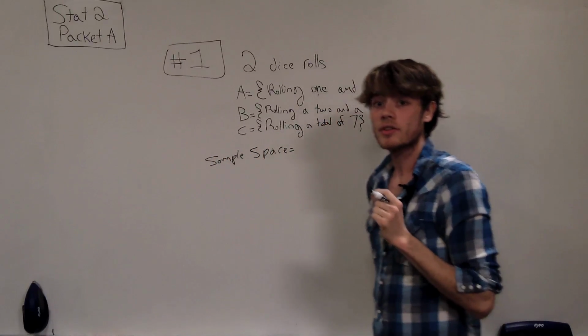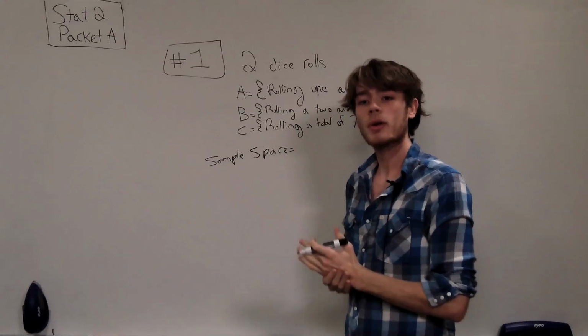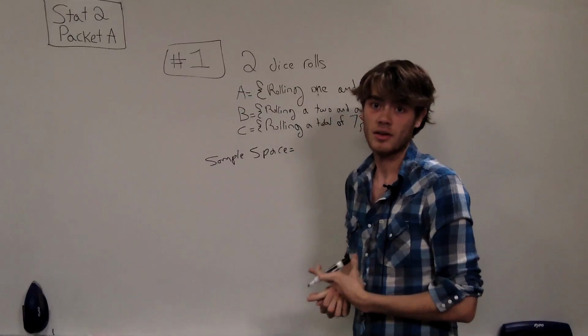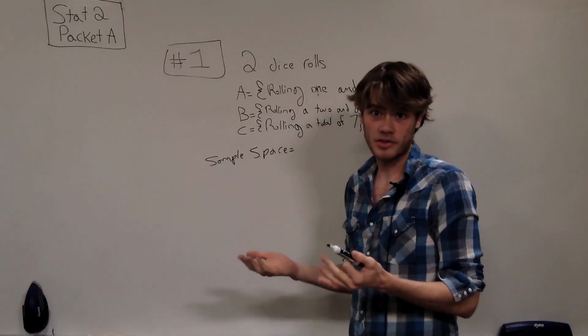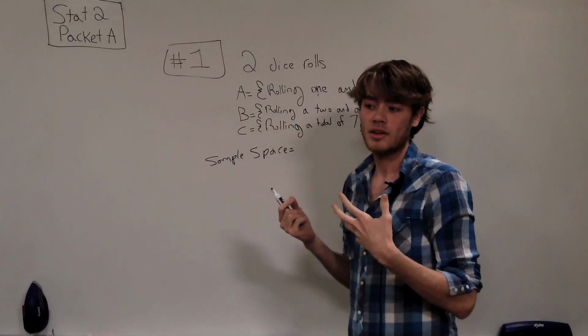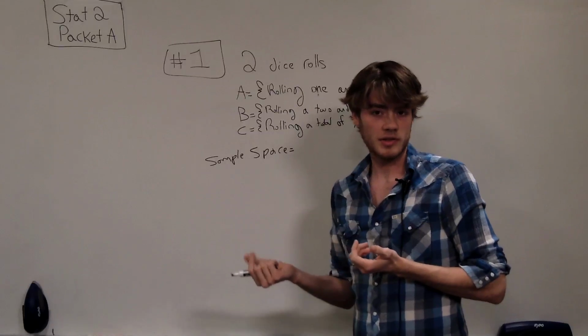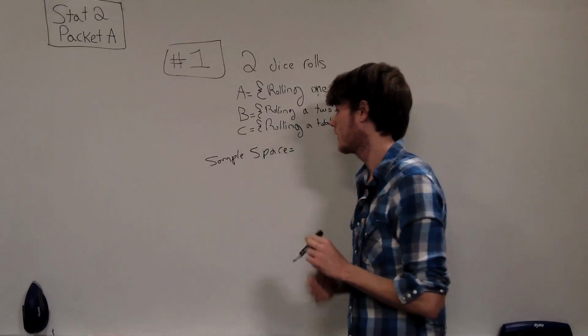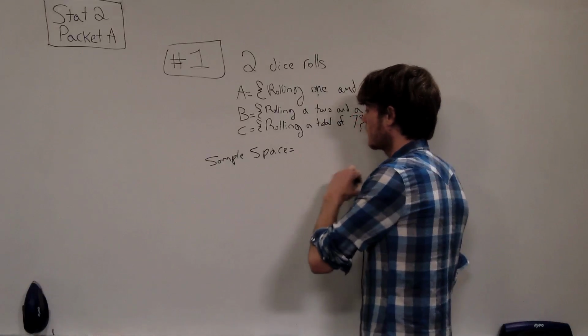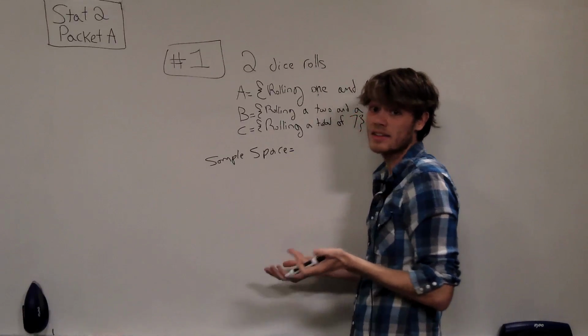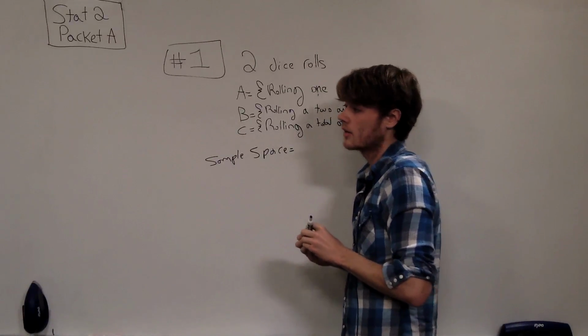Since there are 6 possibilities for each die, there are 6 times 6 equals 36 possible combinations. Now, some would say that there are really only 18 combinations.